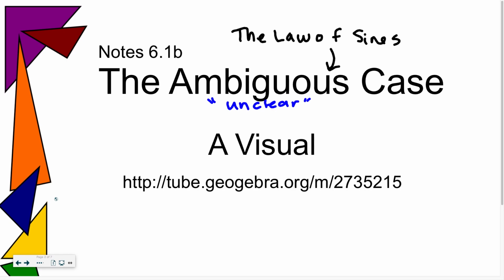Is it going to produce one triangle? Can you produce two triangles? Or in some cases, is a triangle not possible? Just by looking at the numbers, we don't know. So we won't be able to just see the problem and say, oh yeah, that's two triangles, or that's zero triangles.